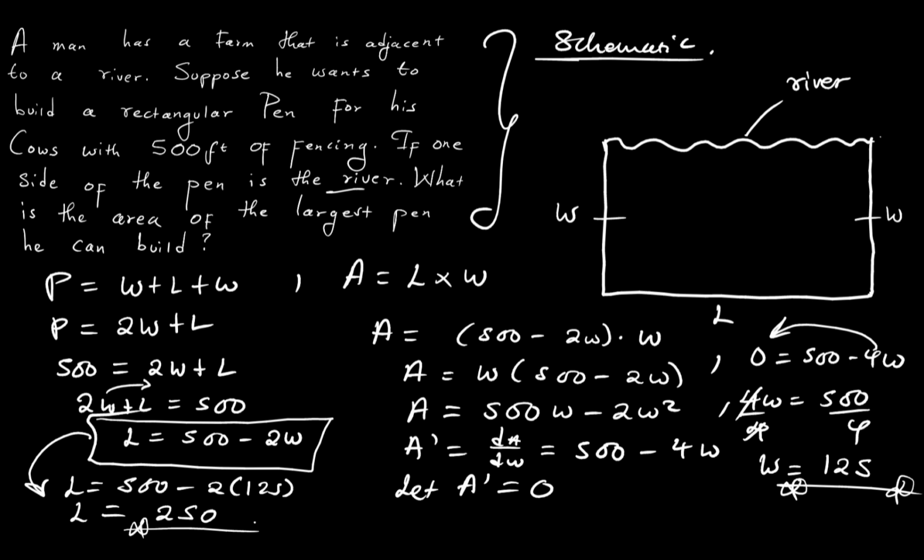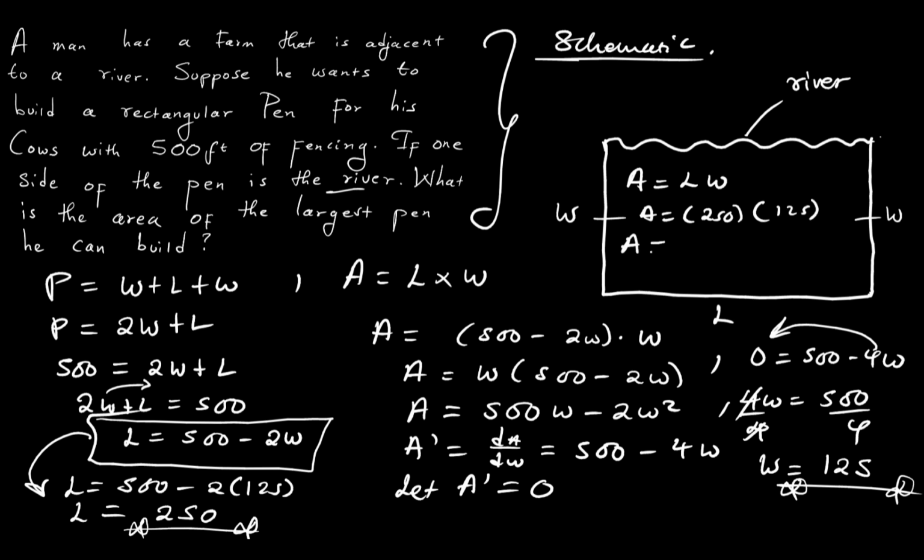Now be mindful of this. At times, you might find the first derivative and you end up having a case where maybe the W was squared and you ended up having two values of W, let's say plus or minus. All you have to do is to still find the values of L, which could be two values, and see to it that which area you find will give you the largest area. So in this case, I'm looking for the largest area. So area is equal to L times W. So area is equal to my length, which is 250, times my W, which is 125.